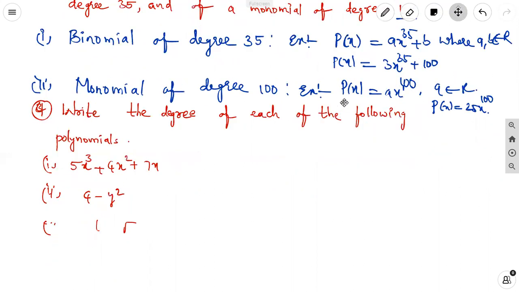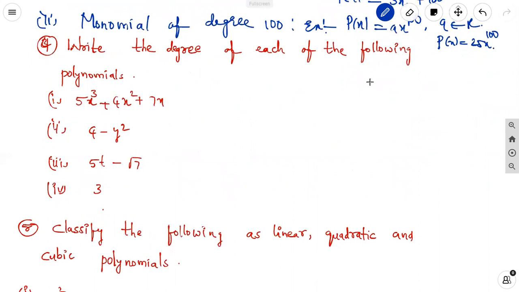Next, write the degree of each of the polynomials. Here x term is there, x square term is there, x cube term is there. The highest degree is the degree of the polynomial. In this case, it is a third degree polynomial.